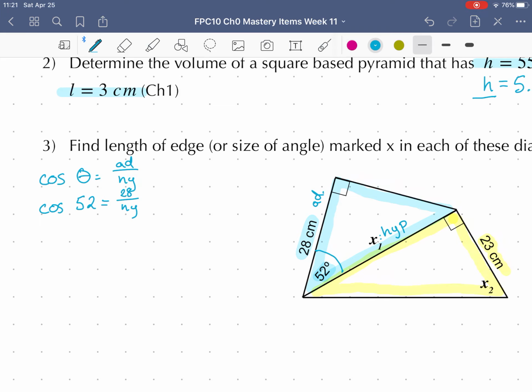Now cosine of 52 is just a number, equal to a fraction where we don't know the denominator. So these two get swapped. So we get our hypotenuse is equal to 28 divided by cosine of 52.